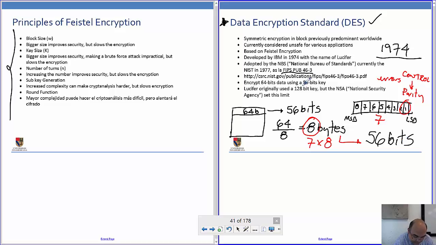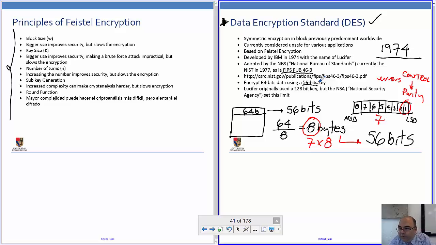Okay, this is the 56 I have here. You understand that? So we took 64 bits, but in reality, they were only 56 real data bits. The other bits were control bits that we don't want to encrypt. We can encrypt them, but there is no need for.